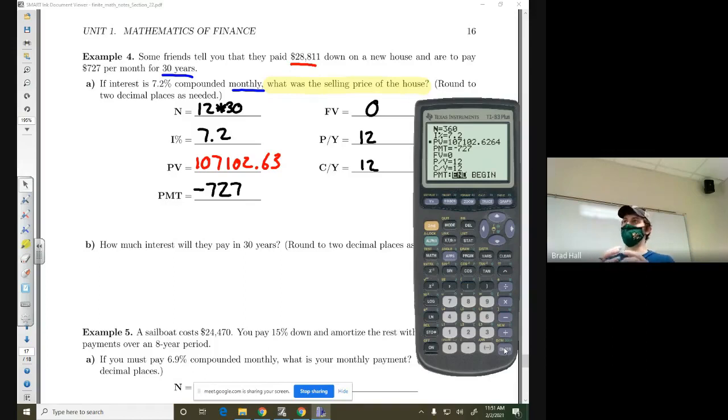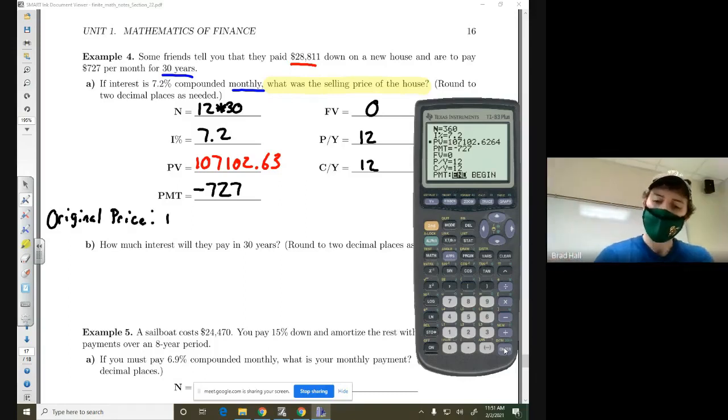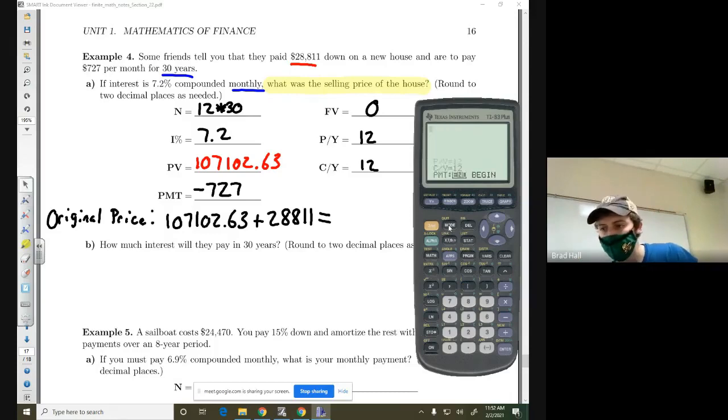So we have to work backwards. To figure out the original price, it's going to be the amount of money after the down payment. Now we have to add what the down payment was. We're working backwards. And by determining this, we will get the true original selling price of the home.